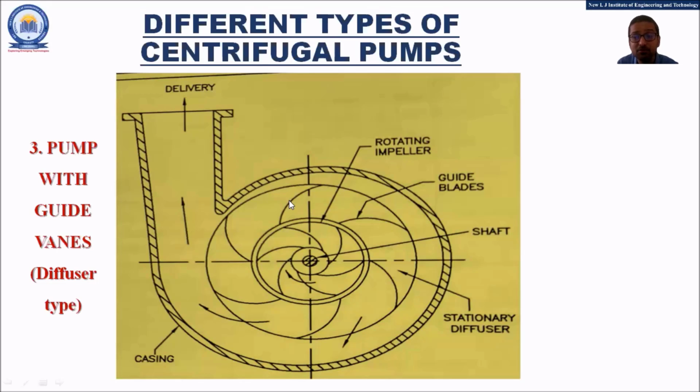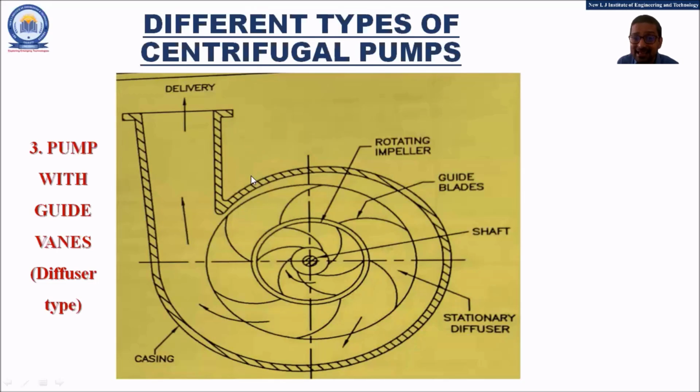And since the diffuser is constant, steady, stationary, the kinetic energy of the liquid will be reduced significantly. And this reduced kinetic energy of the liquid is then transferred to the casing, that is at this particular point where the area is minimum.